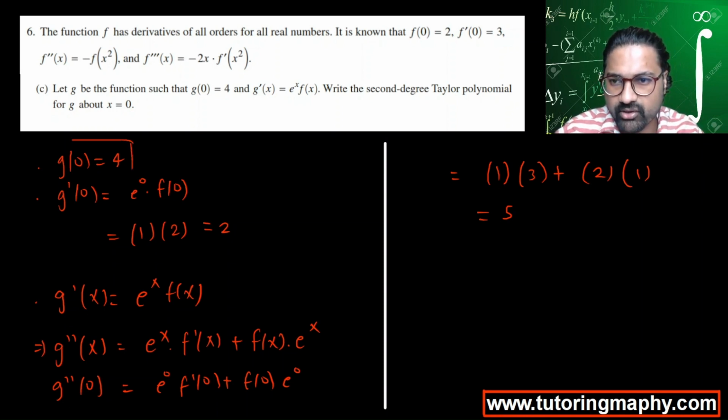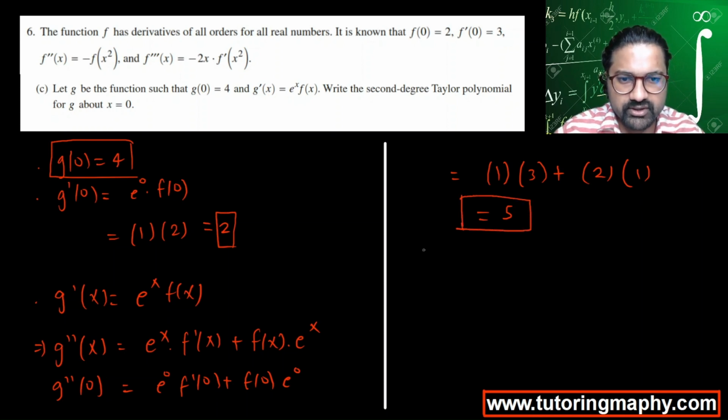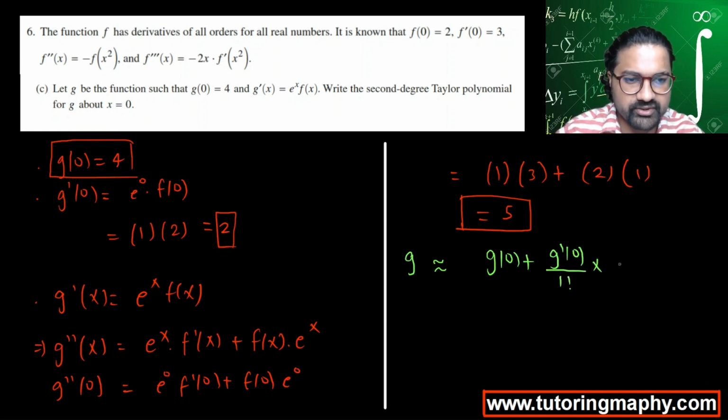Let me actually box these up, otherwise it will be difficult to keep track of these. So the Taylor polynomial of g is approximately g of 0 plus g prime 0 over 1 factorial times x, why x, because again it's about x equal to 0, plus g double prime 0 over 2 factorial times x squared. g of 0 is 4, we have boxed everything.